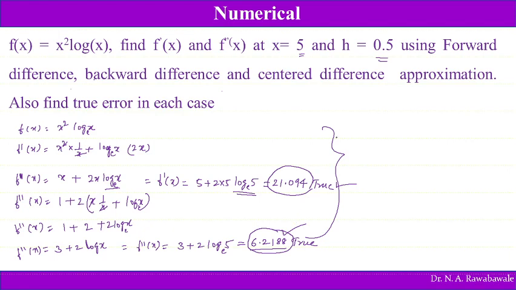But if the problem gives f dash of x as 21.094 and f double dash of x as 6.188, and asks to find the true error, then we need not do the work on this first page.